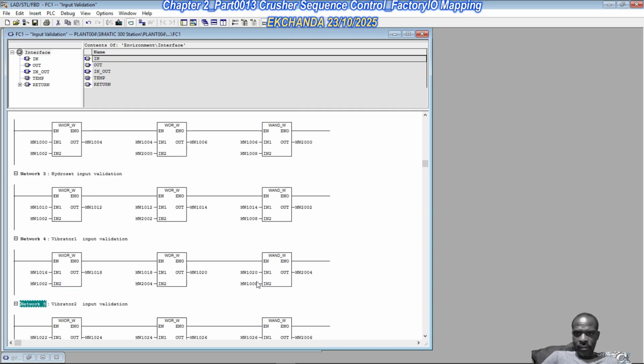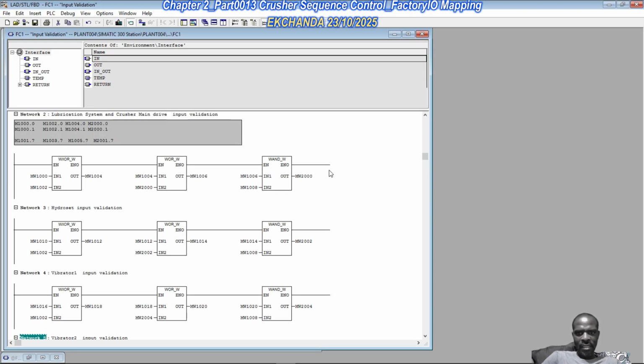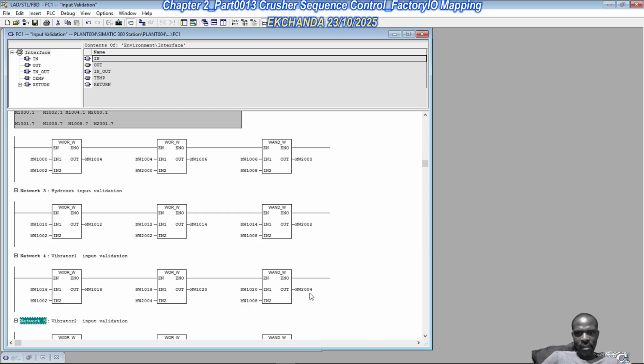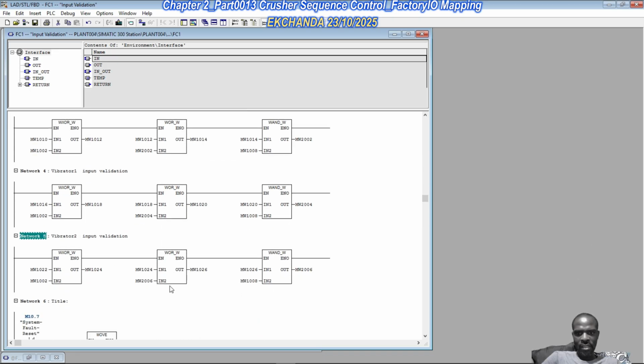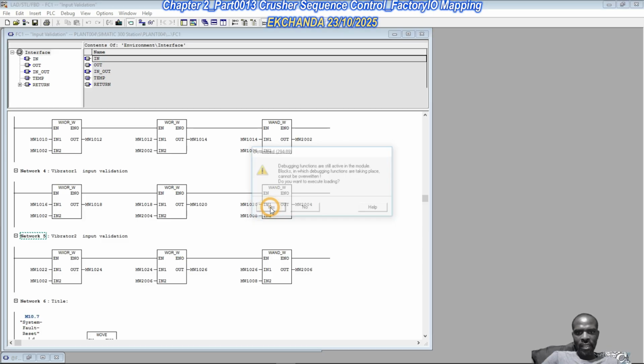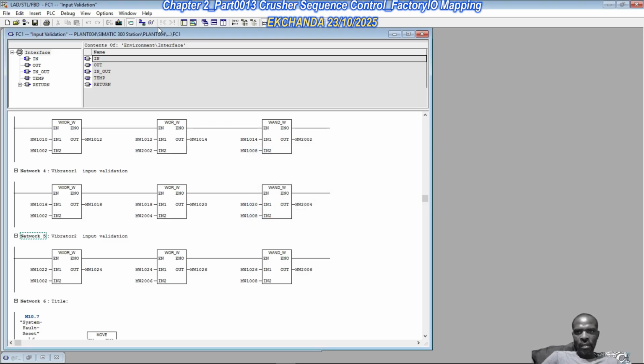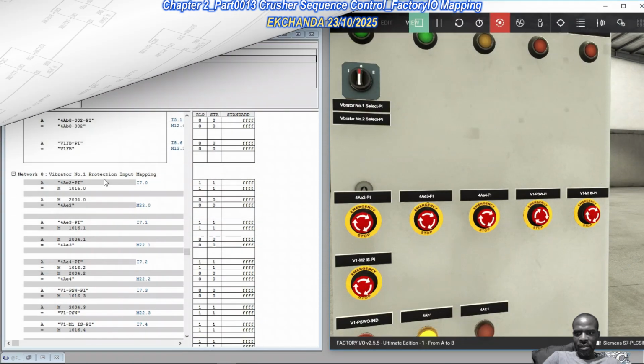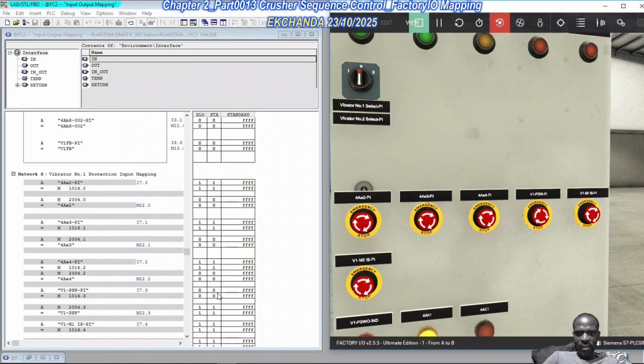So basically this is taken back to seal in the logic. So 2002, 2002, 2000, 2000, 2004, 2004, 2006, 2006. I think this pretty much takes care of our little ghost in the shell. So vibrator number 1 paddle switch is this one here.